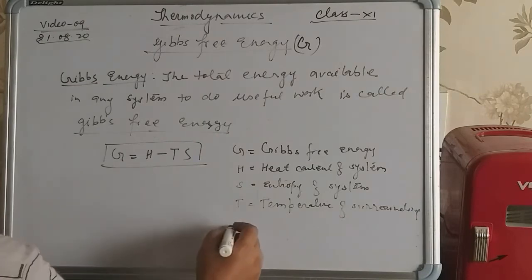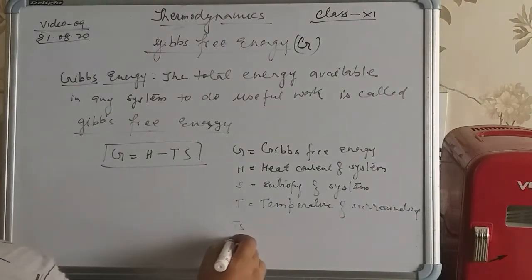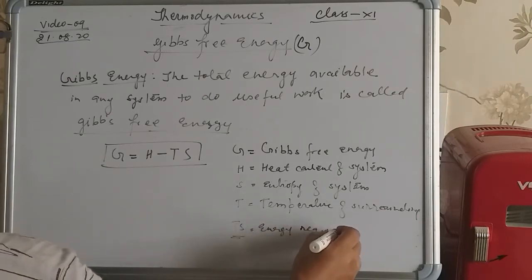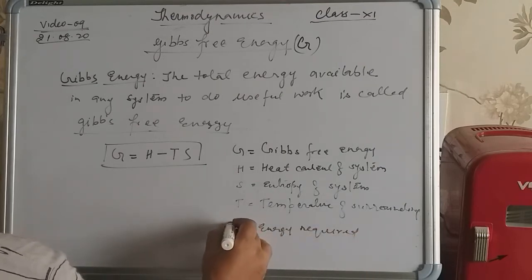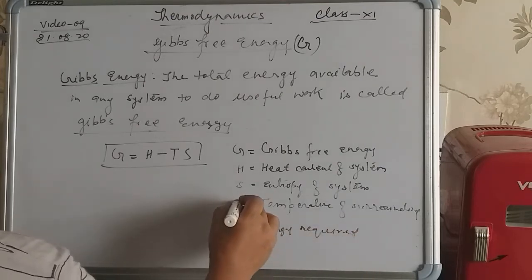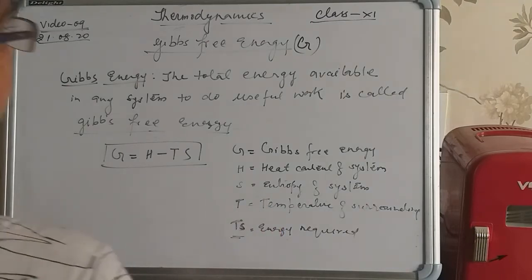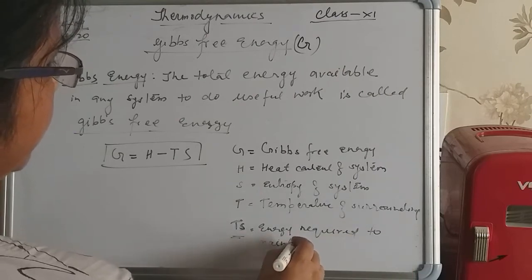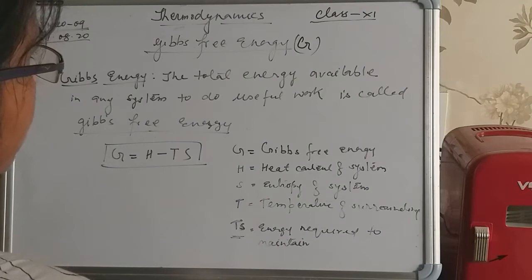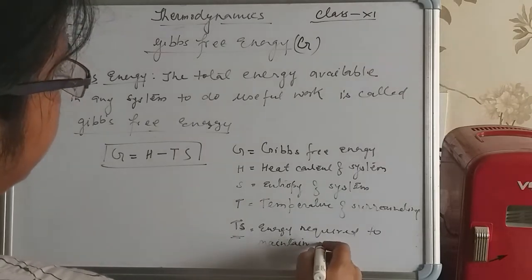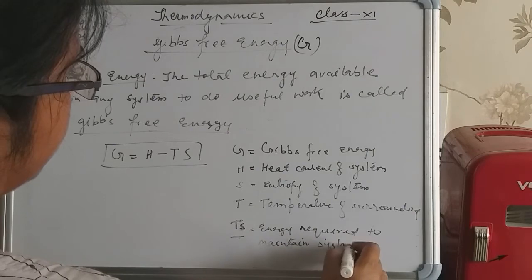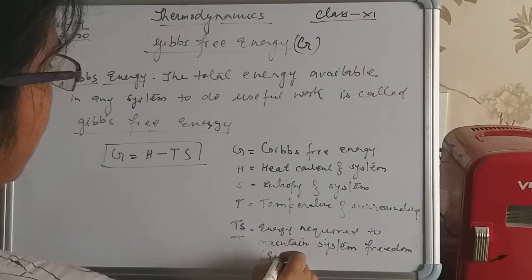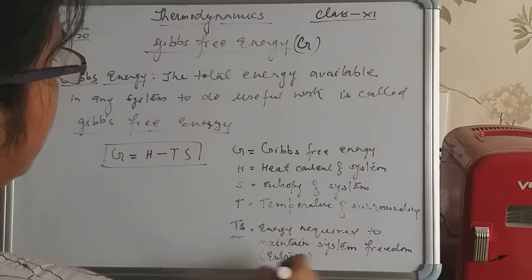So TS is the energy required to maintain the system's freedom. System's freedom means entropy.